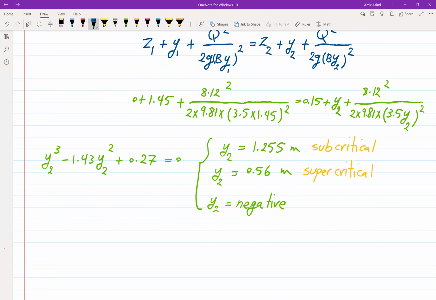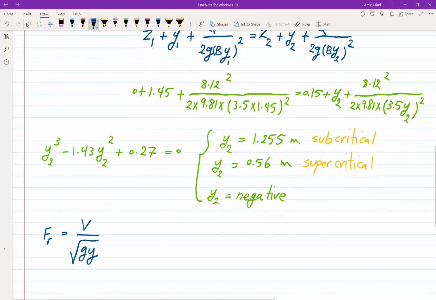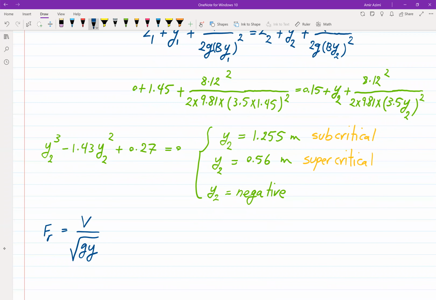In rectangular cross-section, Froude number is equal to V divided by square root of GY. So I can also multiply that by the area, basically, to have discharge Q divided by BY1 square root of GY1.